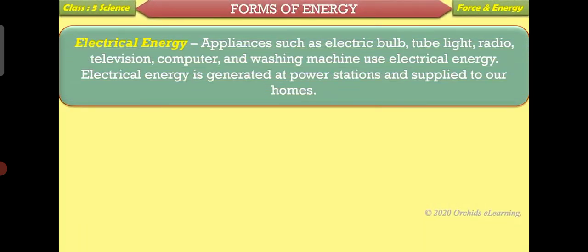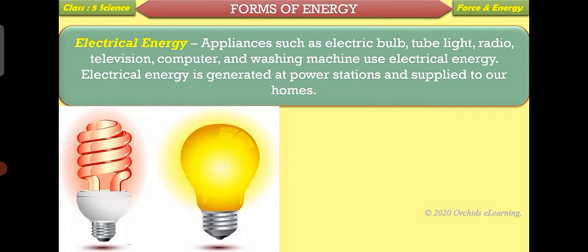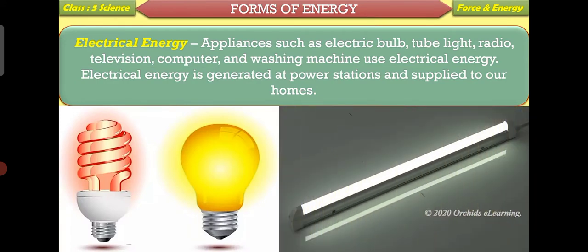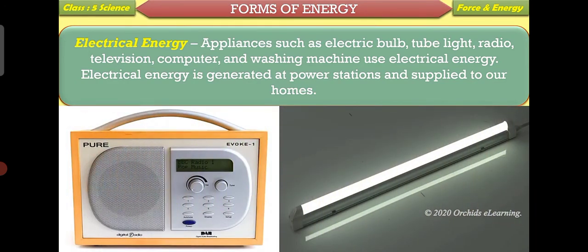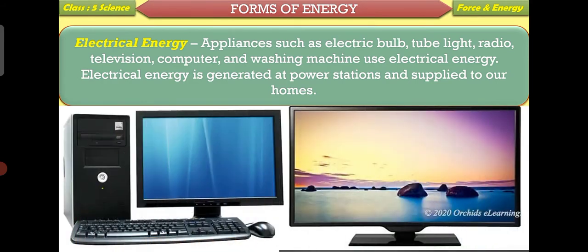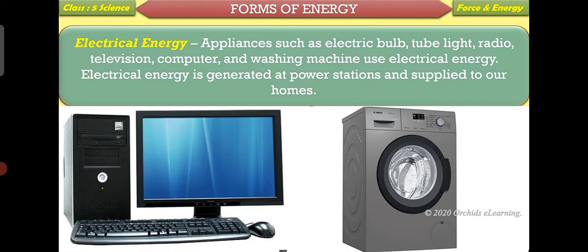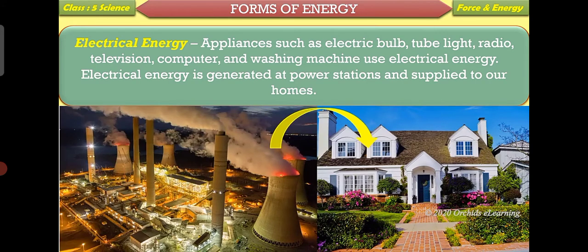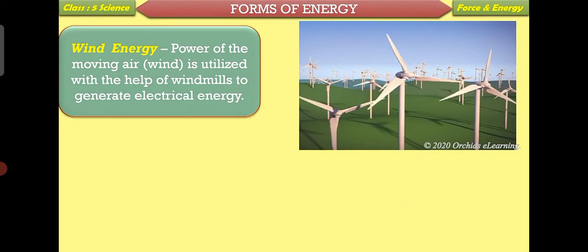Electrical energy. Appliances such as electric bulbs, tube lights, radio, television, computer, and washing machine use electrical energy. Electrical energy is generated at power stations and supplied to our homes. Wind energy.